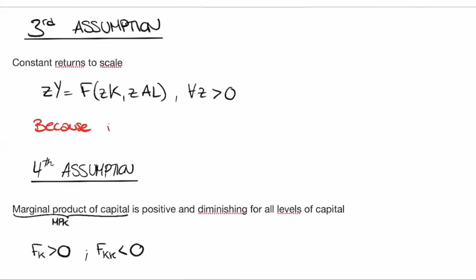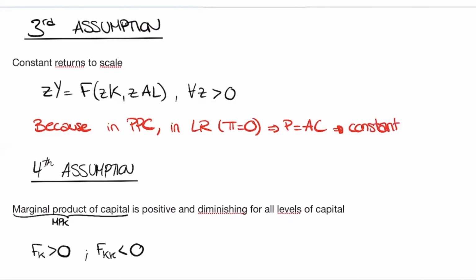So in PPC, in the long run, so when profits are equal to 0, remember, well, price is equal to average cost. You should know that from previous lessons, and that means that it is constant. And so our returns to scale are constant as well.